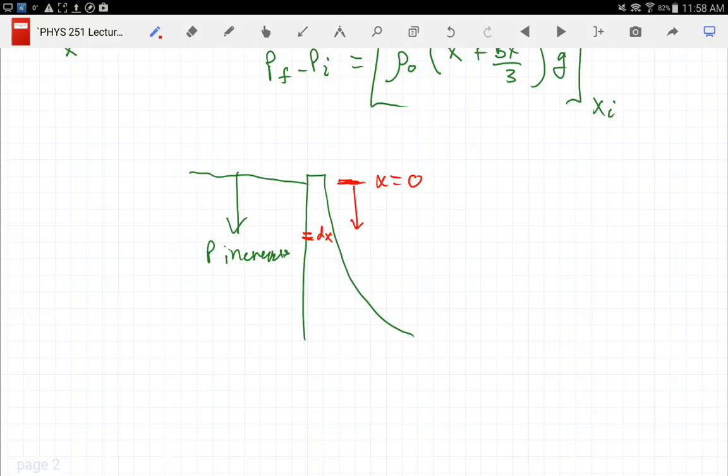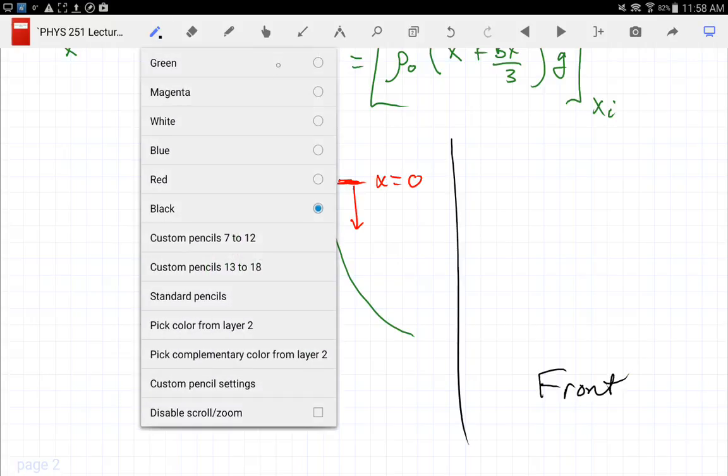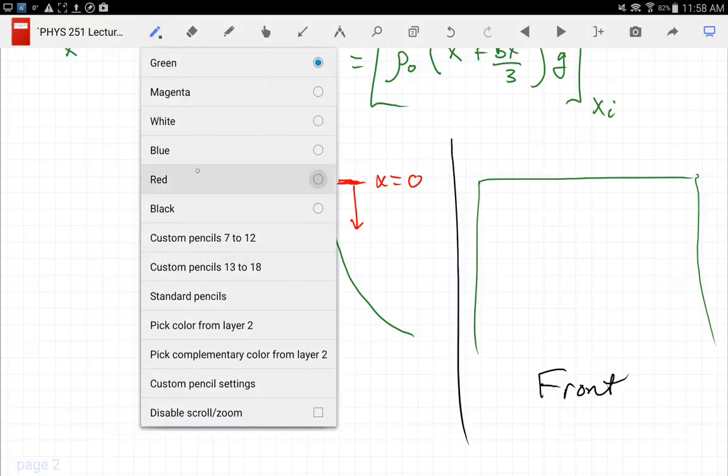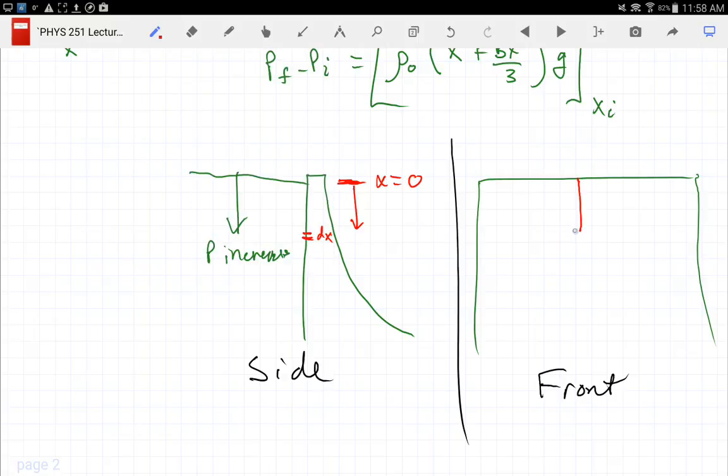Now that's looking from a side view. If instead we look from a front view, then the dam is just this big monolith. I still define my x as going down like this, but now my dx is still this change between those, and I have the width w across.